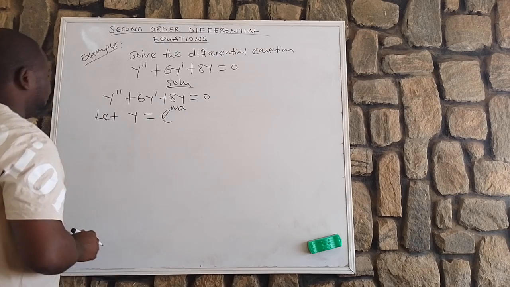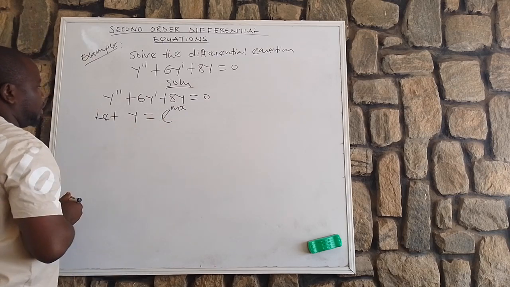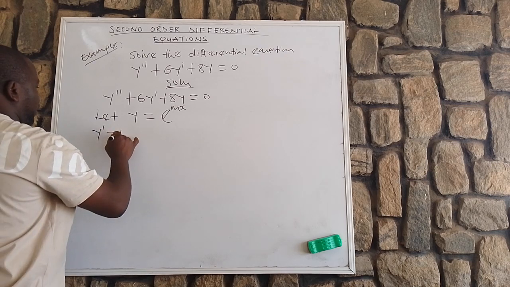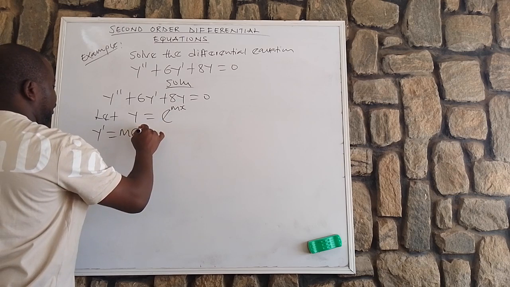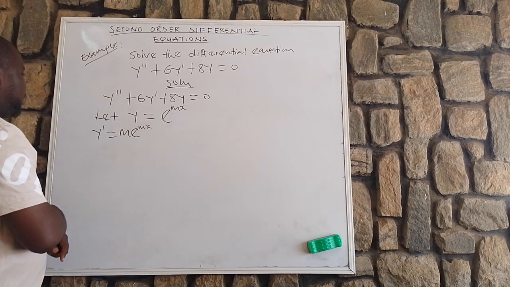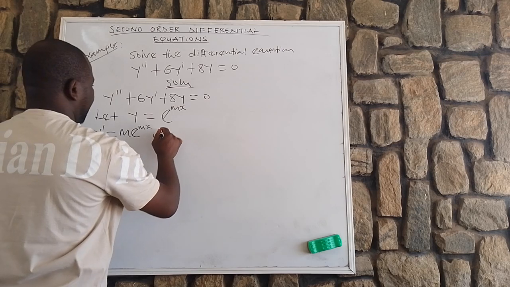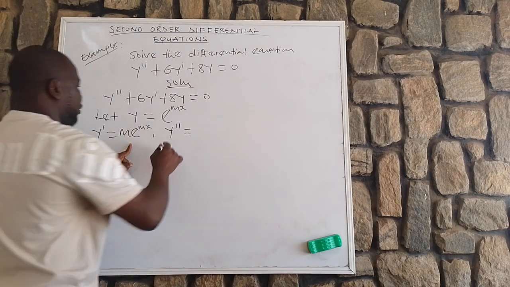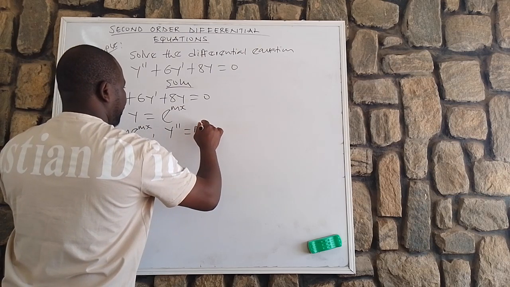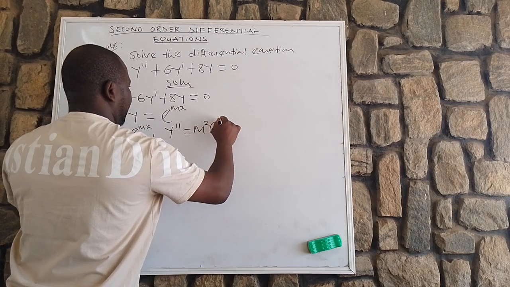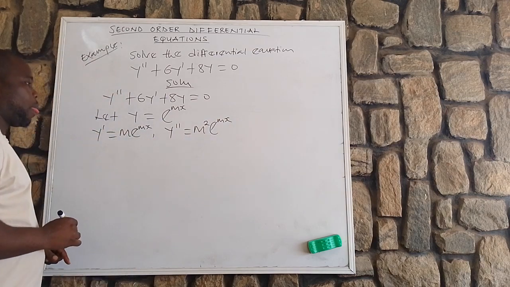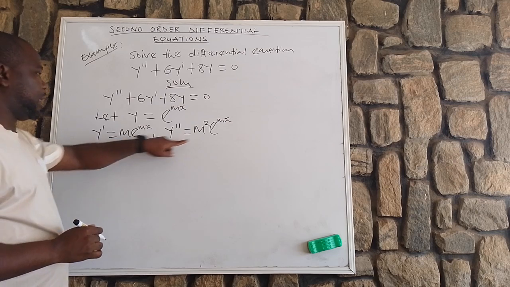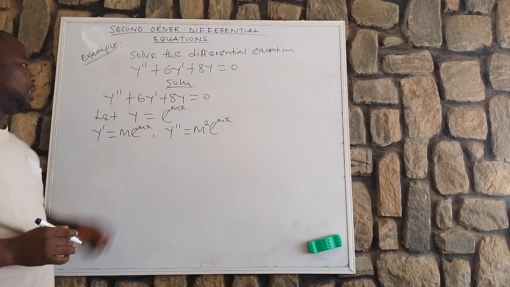If we differentiate y, we have y prime equals m e to the mx, isn't it? Then differentiate it again. Y prime prime is equal to m squared e to the mx, isn't it? Okay, so if you agree with me, it means you are going to substitute this and this into this differential equation.